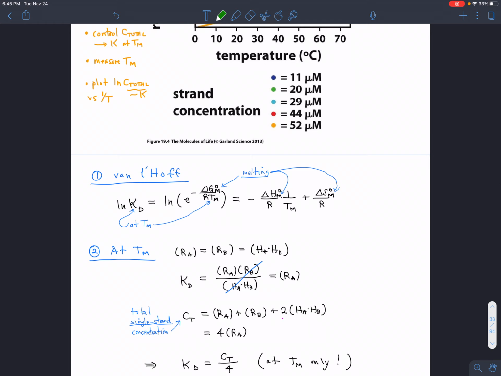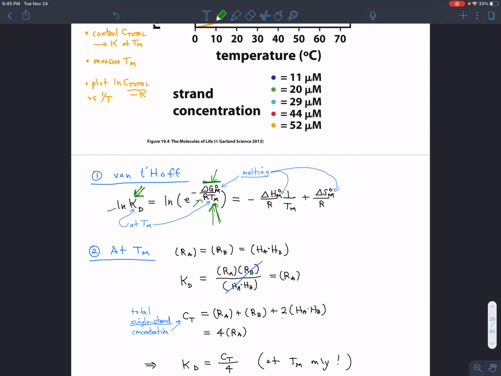Here's why. Here's the KD for the dissociation, for the melting process. That has to be equal to e to the minus delta G for melting, right? That's the quantity we want, this delta G for melting, divided by R times the temperature, the melting temperature itself, right? So if it's a KD at the melting point, then Tm is the temperature we want to put in there.